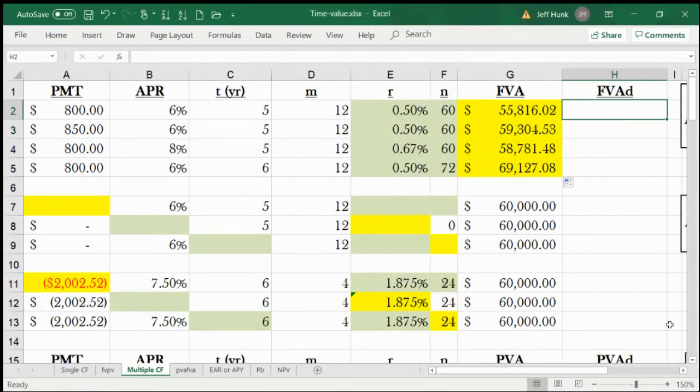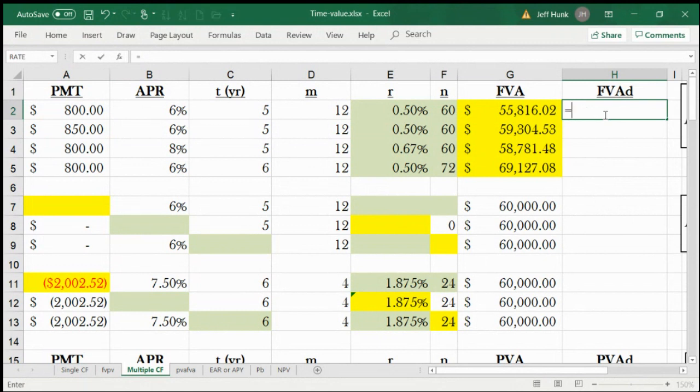But here, what about this column? The column H is the column of annuity due, right? That lowercase d at the end stands for annuity due. So how do you find annuity due? Well, didn't I tell you when I was showing you that scaled down version of the example, the only difference between ordinary annuity and annuity due is just one more compounding. So what does that mean?